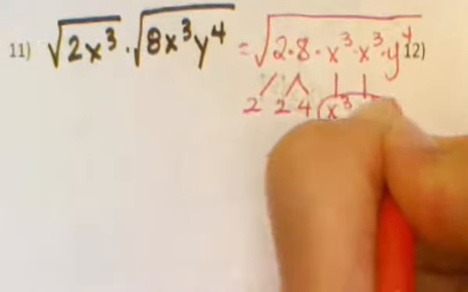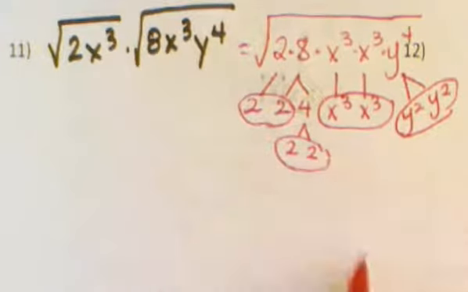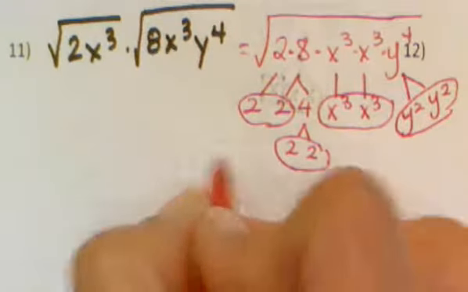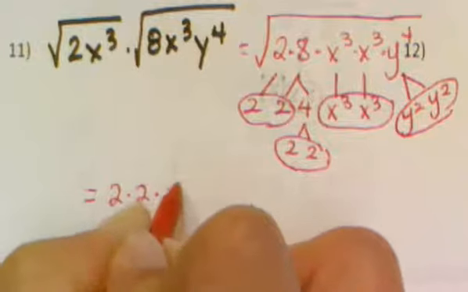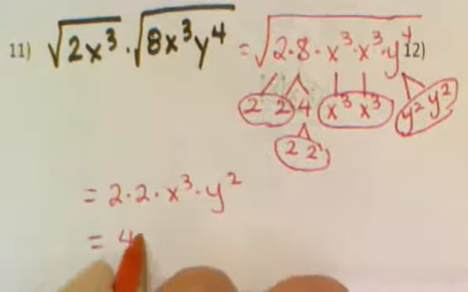So over here, we just need to branch off our 4 into 2 and 2. So we've got a pair and a pair. And again, nothing is left out. So everything is going to come outside of the radical. So we've got 2 times 2 times x cubed times y squared, which will be 4x cubed y squared.